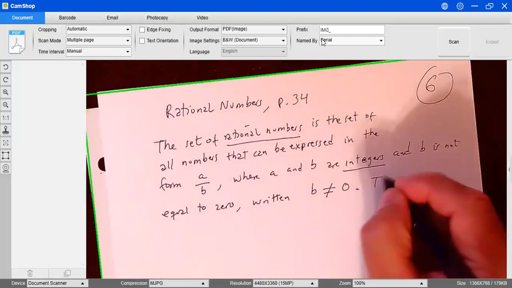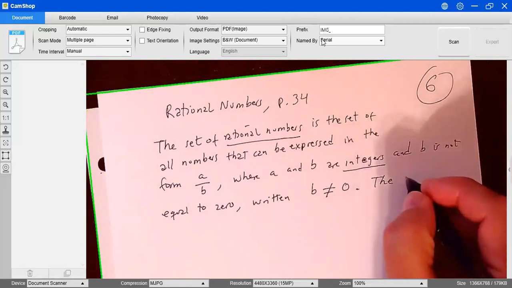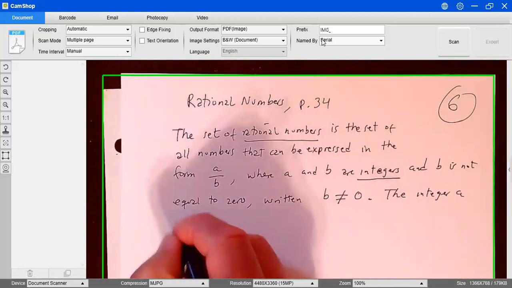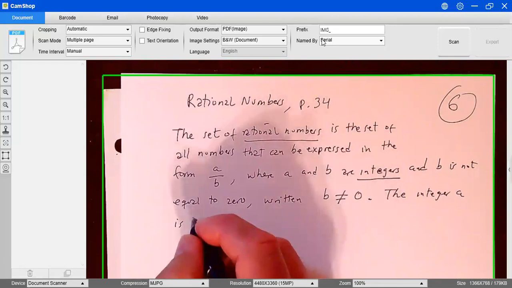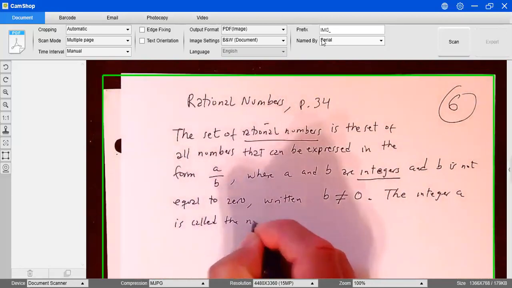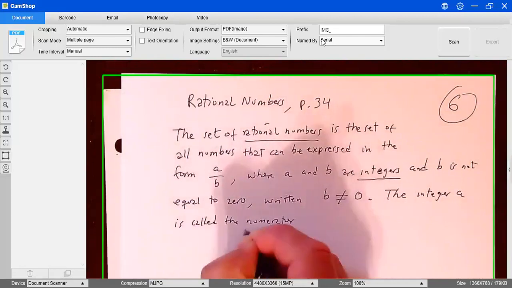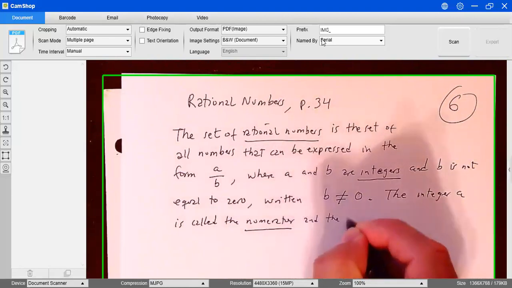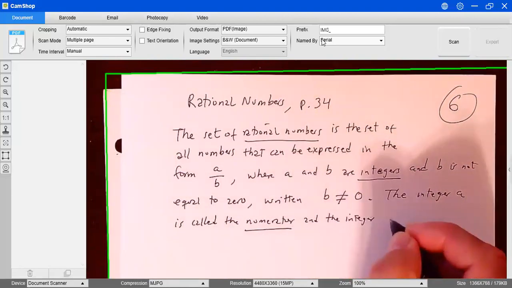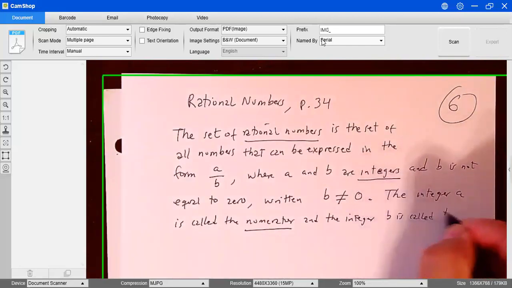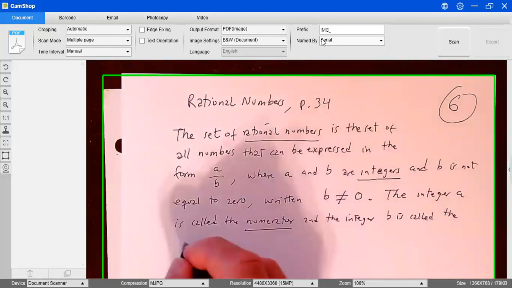This is something that we already know. The integer A is called the numerator, and the integer B is called the denominator.